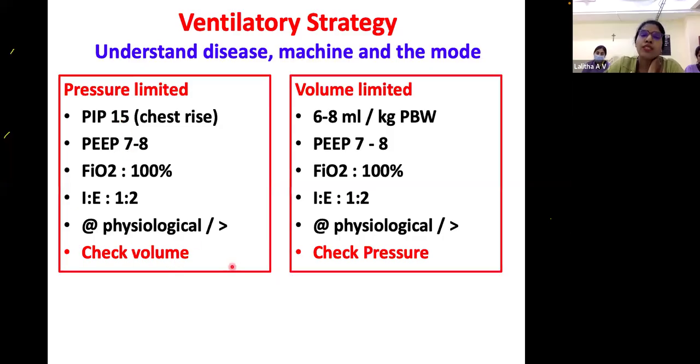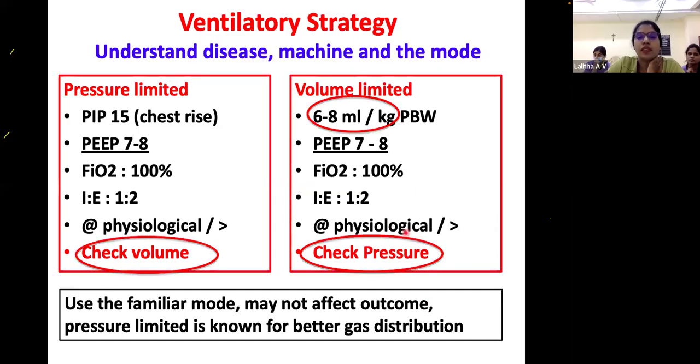Okay. So likewise, when you do the volume control, you can have a tight control of the volume. You can straight away set 6 ml per kilo of predicted body weight. The other strategies remain the same. Check the pressure, as this can lead to barotrauma. Okay, so use the familiar mode. There is no more superior mode for ARDS.